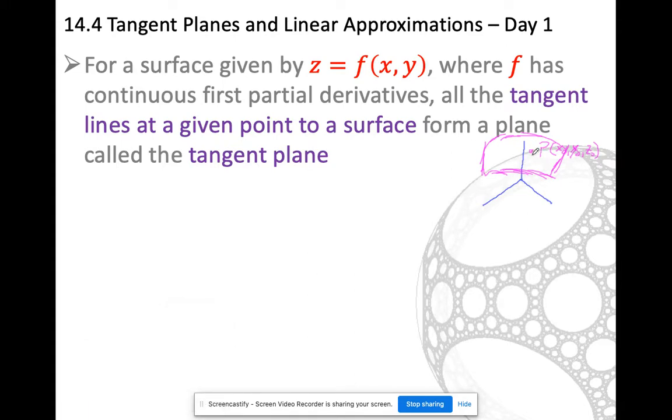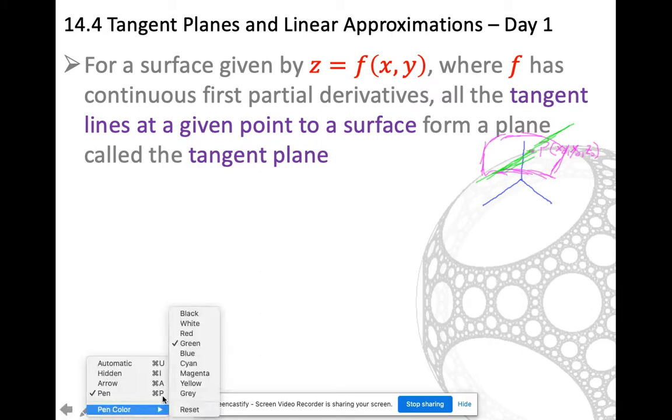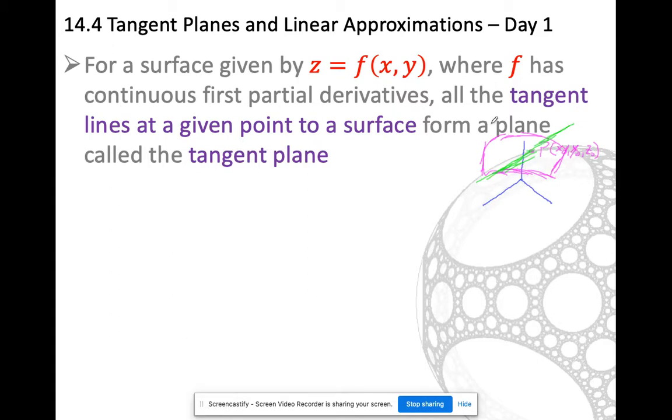What if I take a line that is tangent? So imagine this line is tangent to that curve at the point of tangency. And then I have another line.